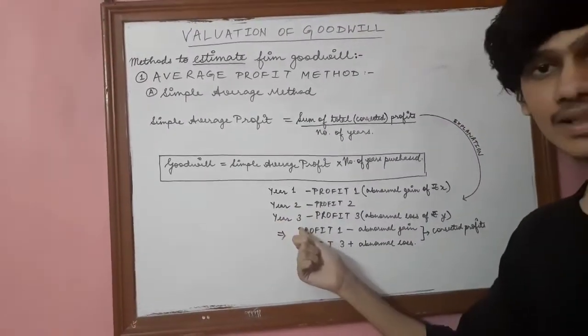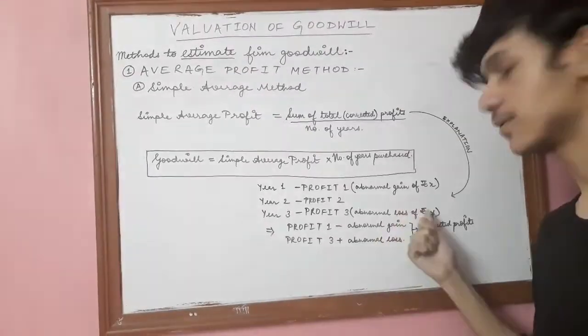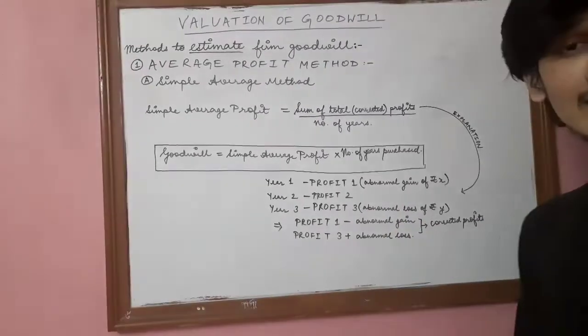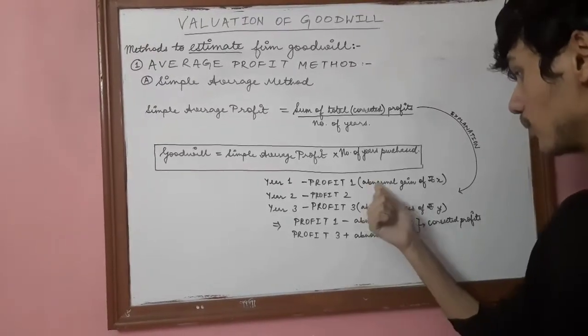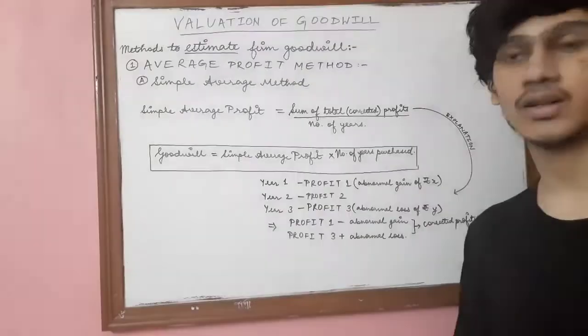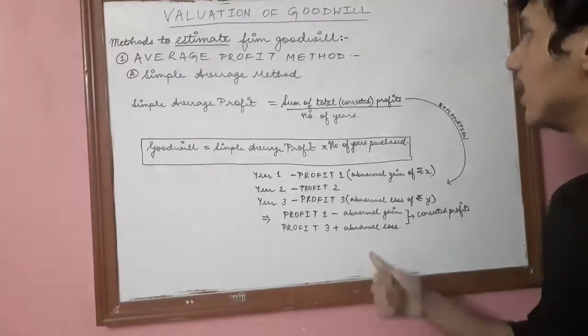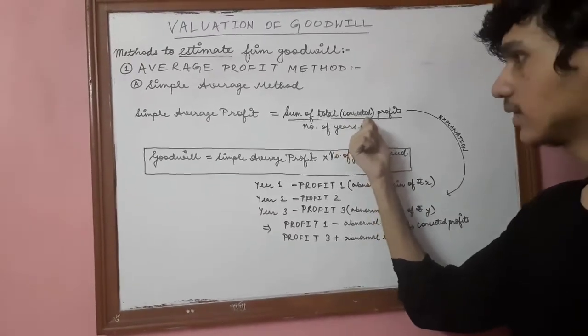And for the third year, for profit 3, there is an abnormal loss of rupees Y. Now just like normal gain, an abnormal loss doesn't happen on a regular basis. So we add the abnormal loss. And that's how we get the corrected profits.